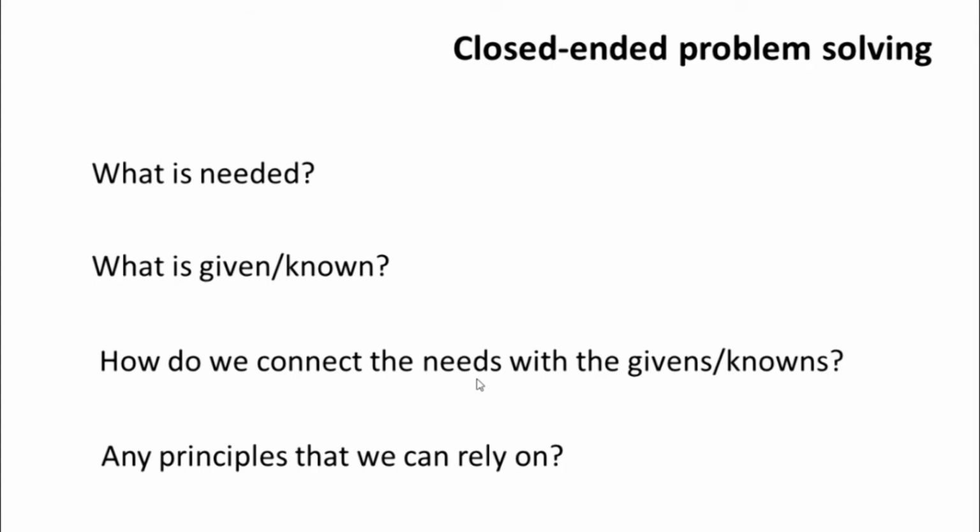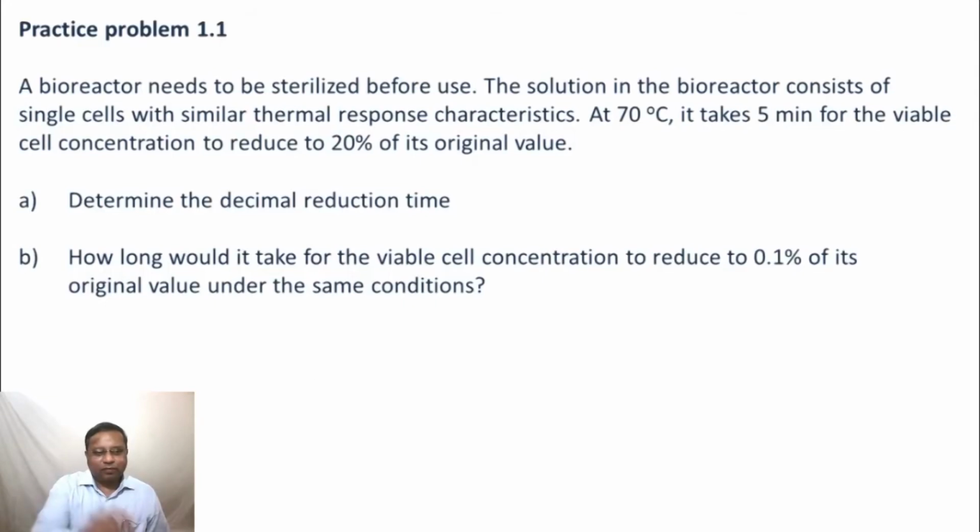Now, let us go about solving the problem that is posed. We have already read this. We need to find the decimal reduction time in part A, and in part B, how long would it take for the viable cell concentration to reduce to 0.1% of its original value. Some information is given.